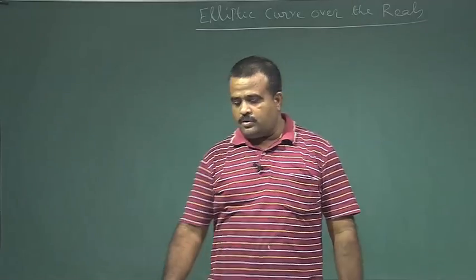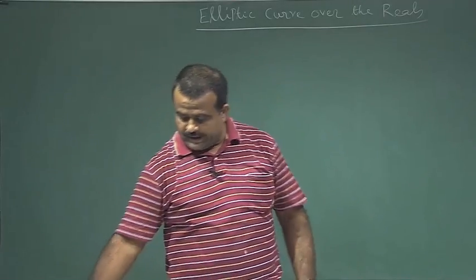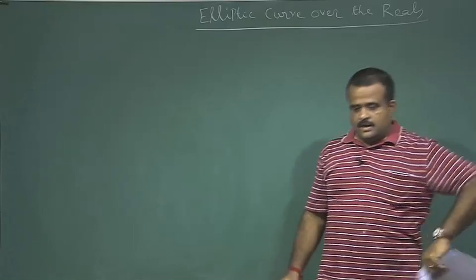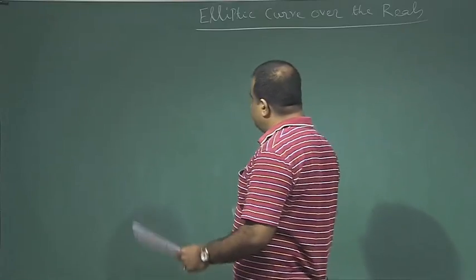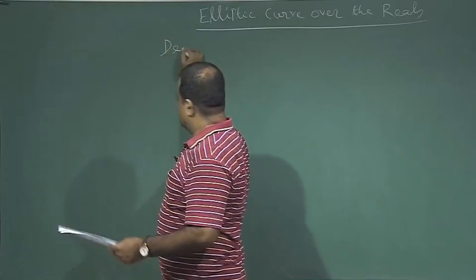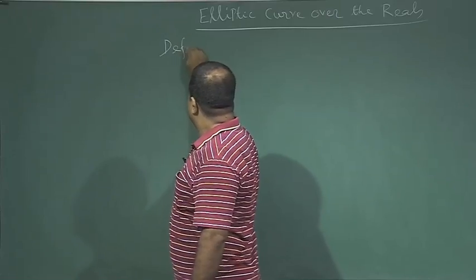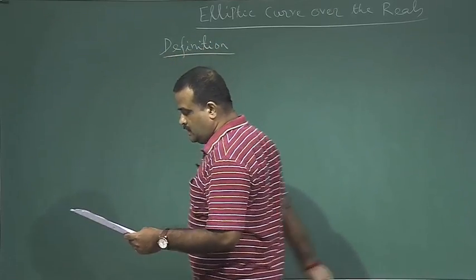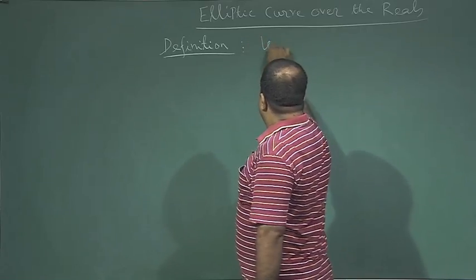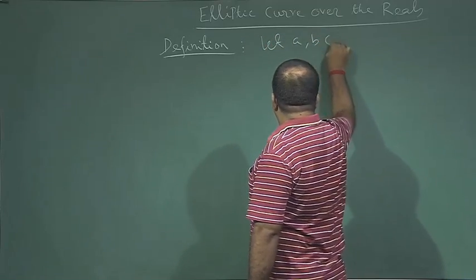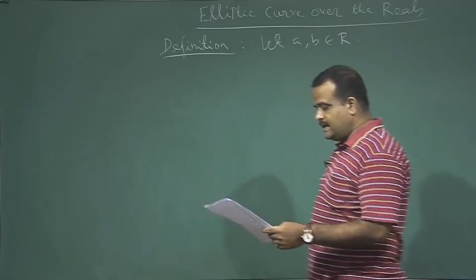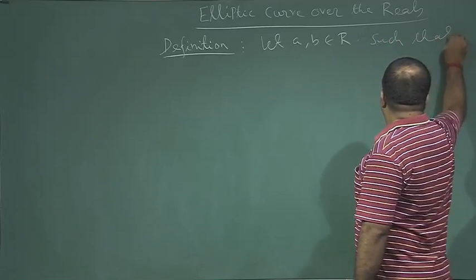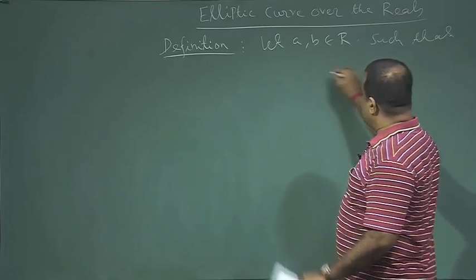Okay, so we will talk about elliptic curve over real, then we talk about elliptic curve over Z_p. Basically the definition is: we take two real numbers a, b such that 4a cube plus 27b square is not equal to 0.